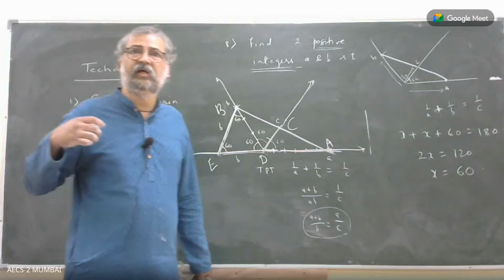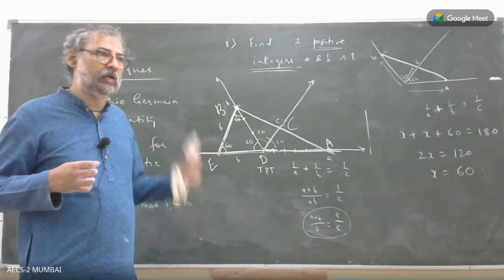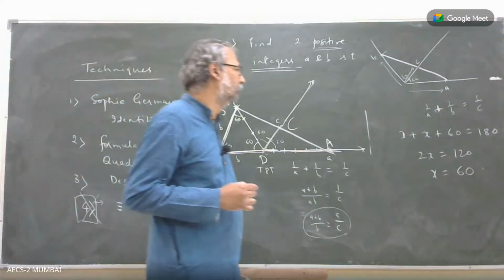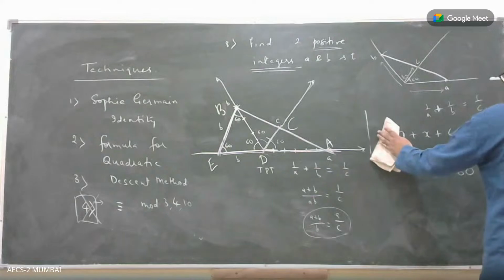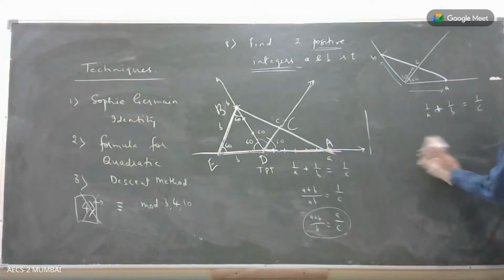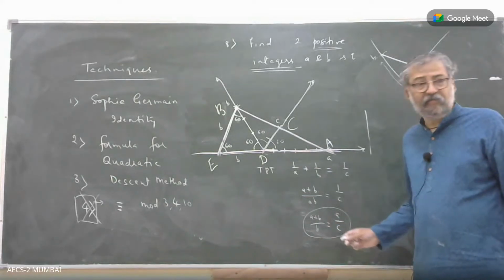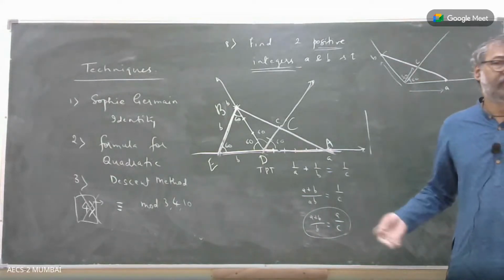Now what things are similar which will give us something like this? Yeah, somebody? Now this we want to get, right? But from this angle, which are similar.